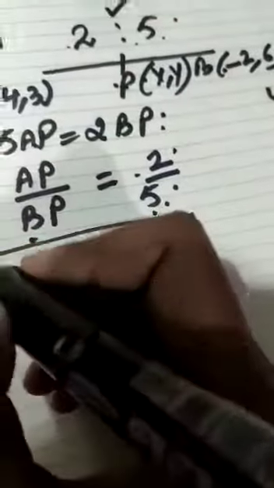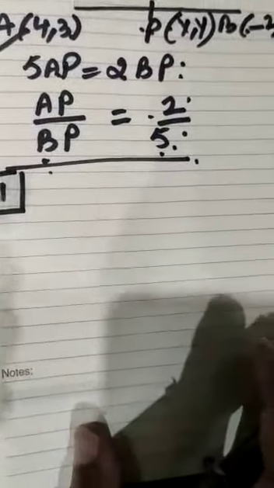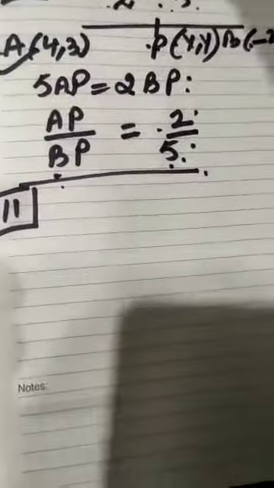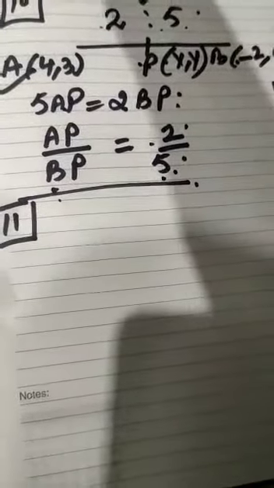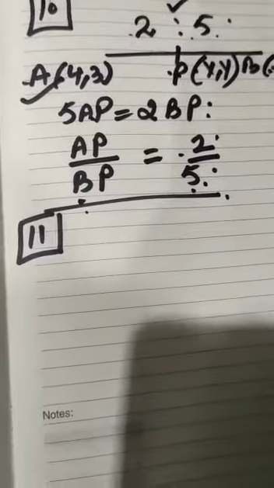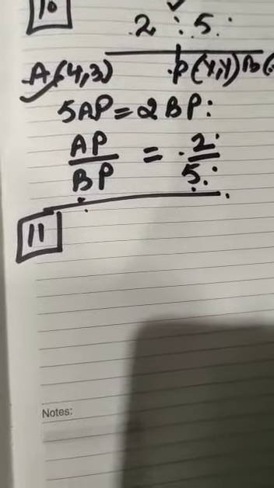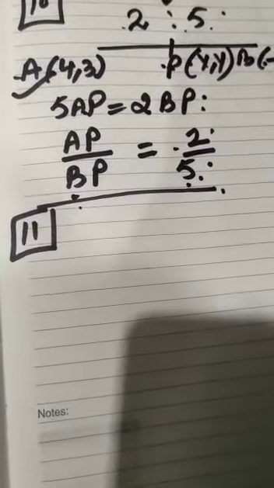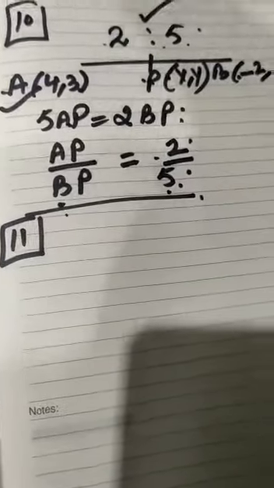Now come to question number 11. In question number 11, we are asked to calculate the ratio in which the line joining the points (-3, -1) and (5, 7) is divided by the line x is equal to 2.